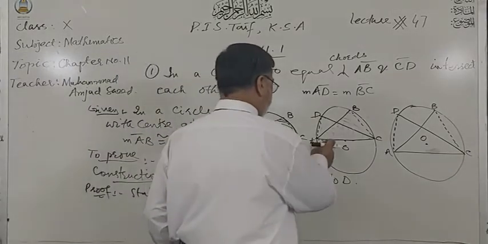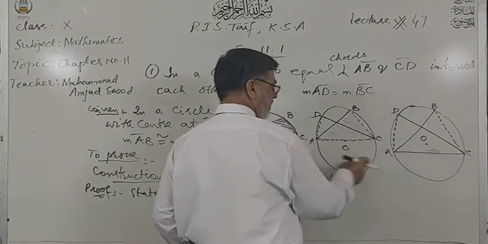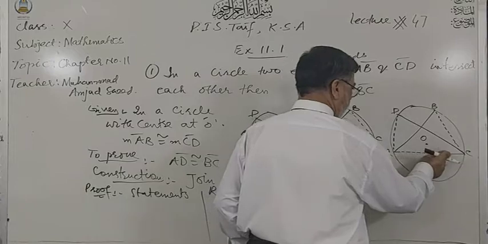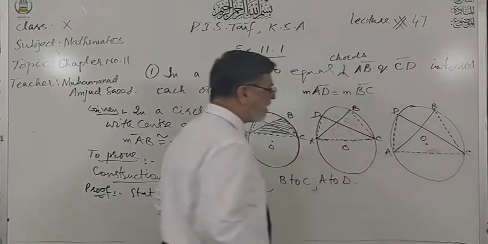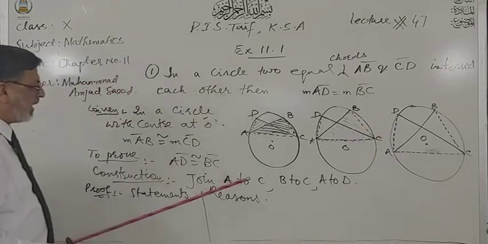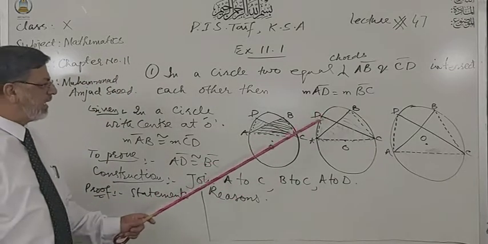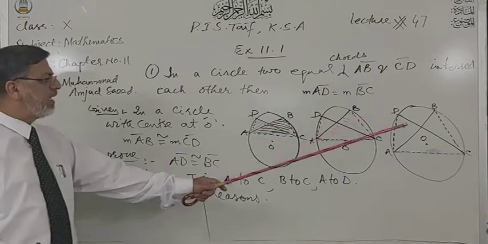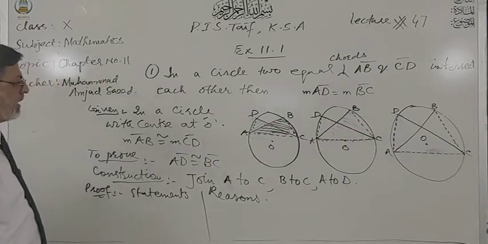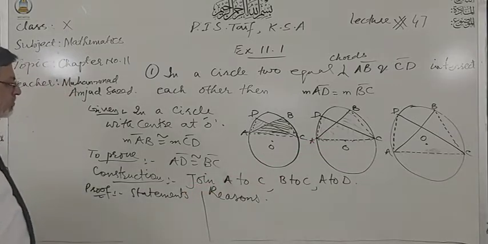And join A to C in all cases. Actually, that was not given, because given was AB and CD only. Dear students, this line must be the dotted one also.